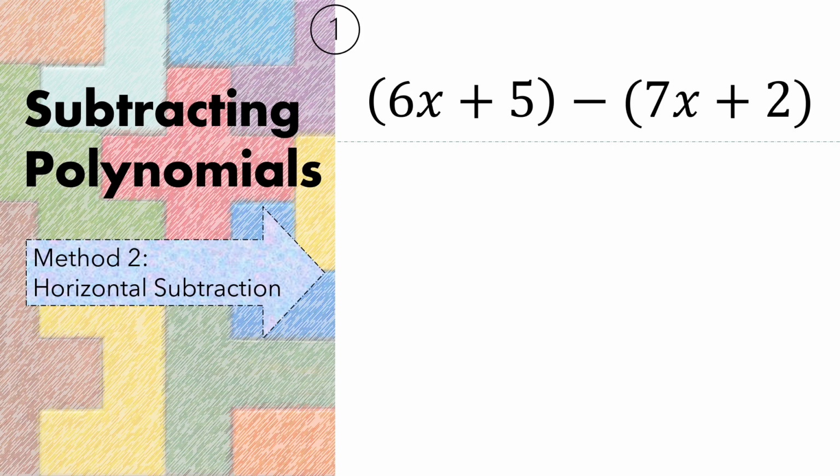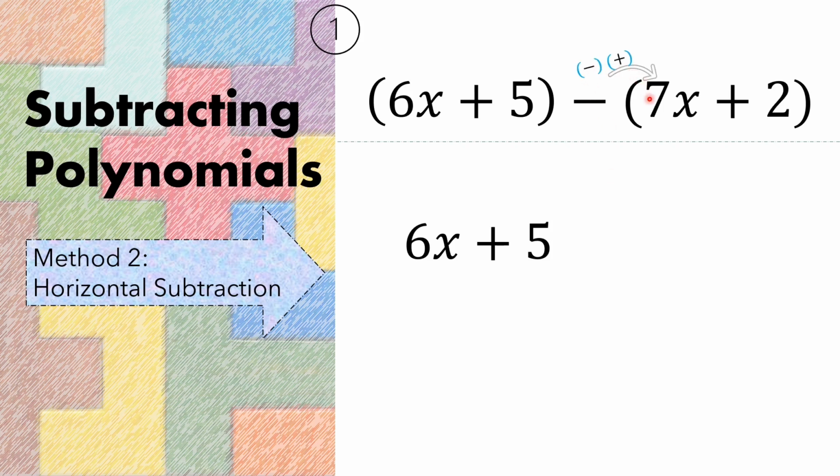Applying method 2, horizontal subtraction. Using the same example, number 1. So we will be simplifying the sign of the subtrahend by distributive property. That is 6x plus 5.